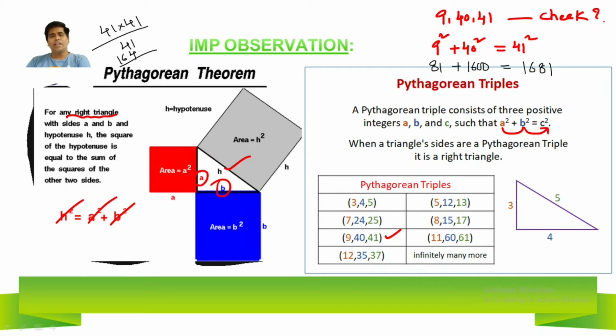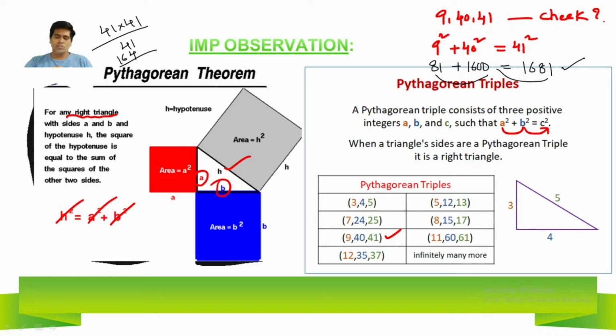So add 81 and 1600. Are you getting 1681 or not? Yes, you are getting 1681. So 9, 40, 41 is a Pythagoras triplet. Why? Because it obeys the Pythagoras theorem: the square of the hypotenuse is equal to the sum of squares of the other two sides.